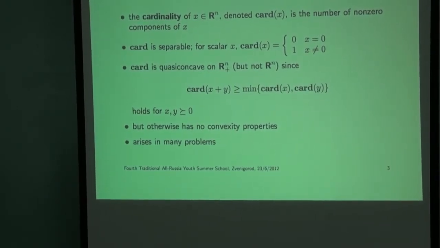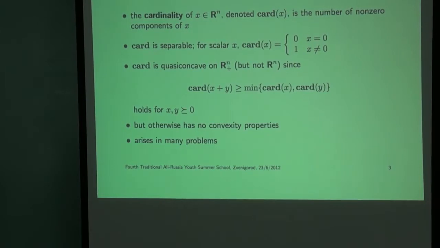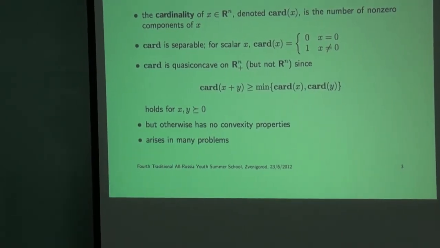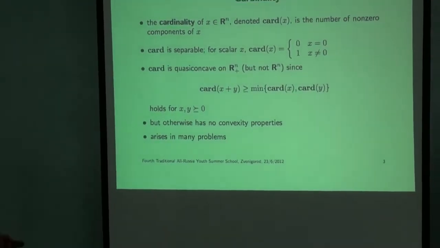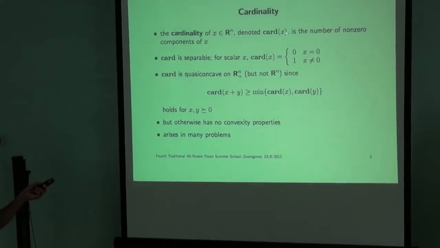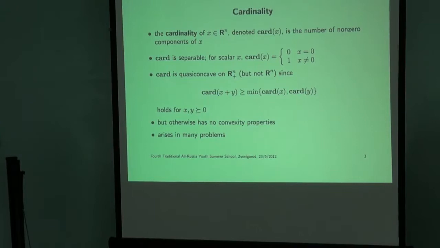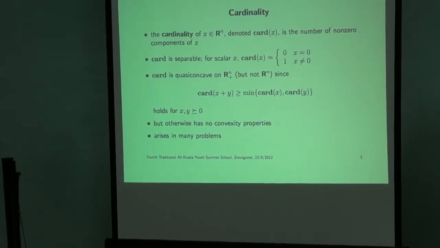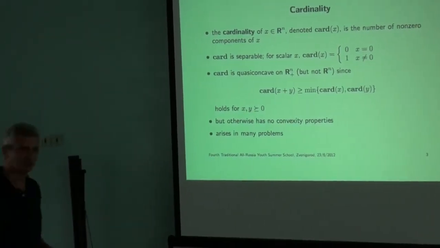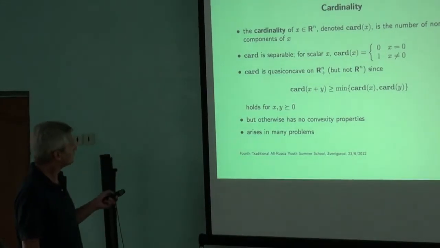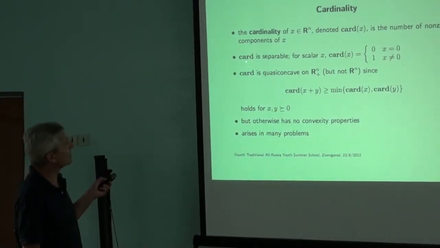None of the properties of a norm are satisfied by cardinality. So I refuse to write this as an L0 norm, and I refuse to say L0 norm. If you look at other things, you'll see L0 norm, but I won't. I refuse to.